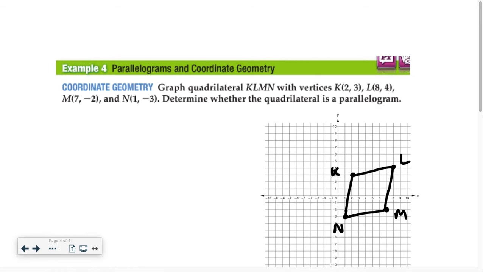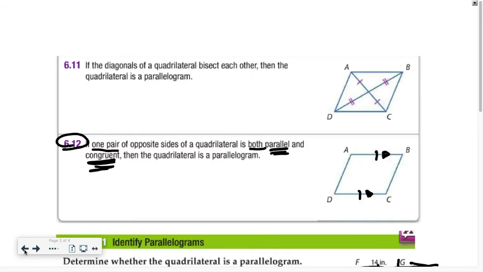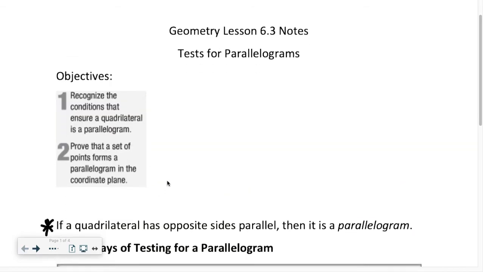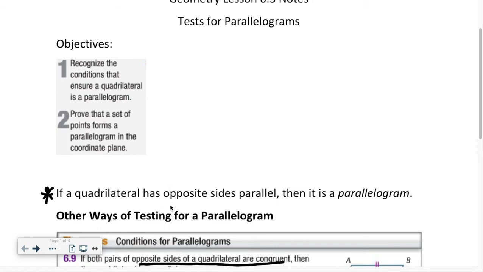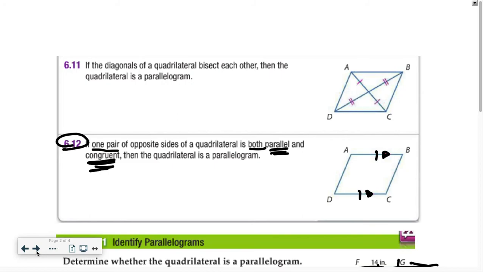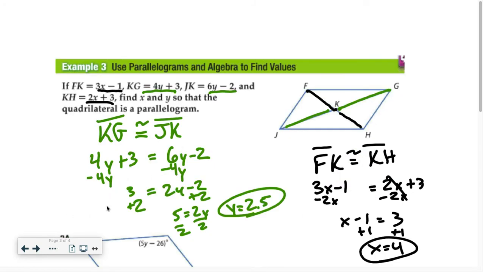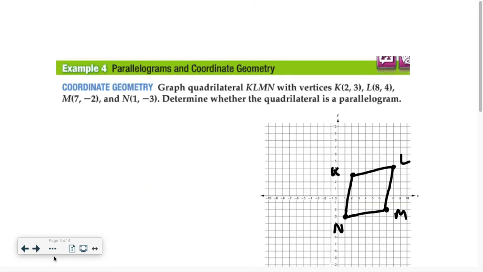Okay? In a parallelogram, if we used the definition of a parallelogram, which was kind of the first thing we talked about, if we could show that opposite sides are parallel, then we know it's a parallelogram. In the coordinate plane, segments and lines would be parallel if they have the same slope.